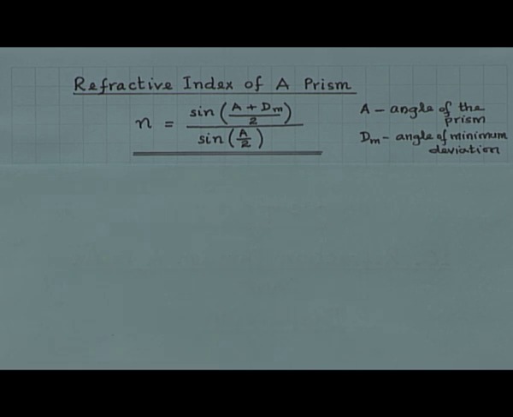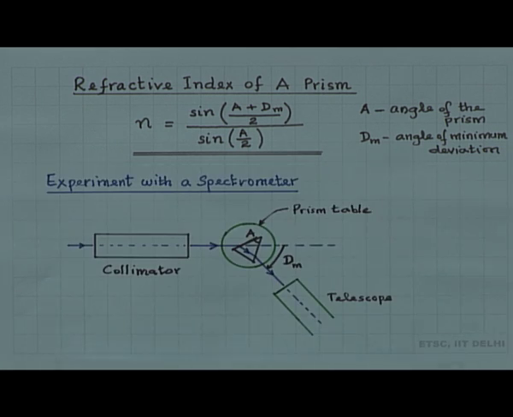This is an important formula and it is used in practice to determine the refractive index of the material of a prism. An important experiment which is used to determine it is the experiment with a spectrometer.